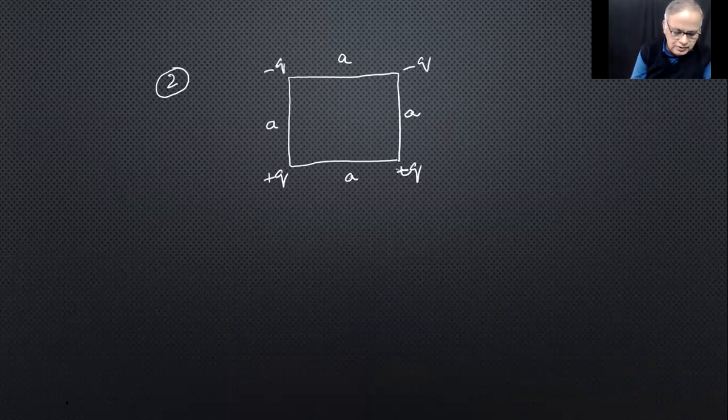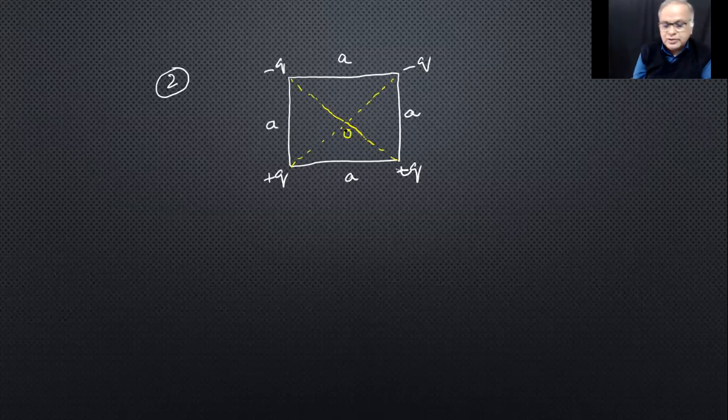The question is, at the center of the square, that is at the point where the diagonals bisect, find E.